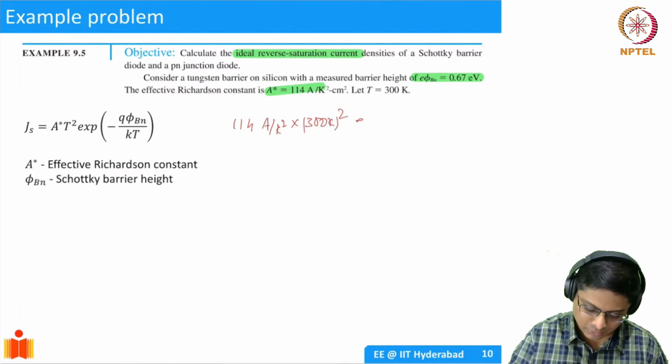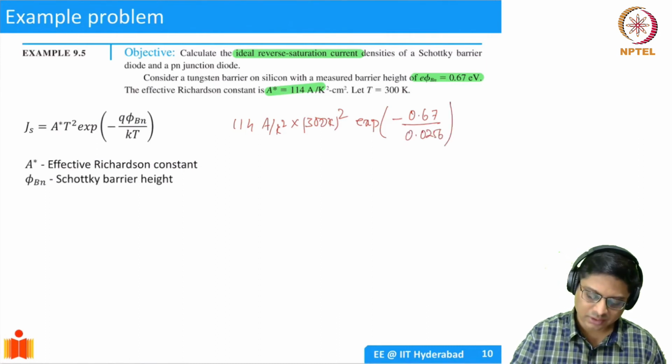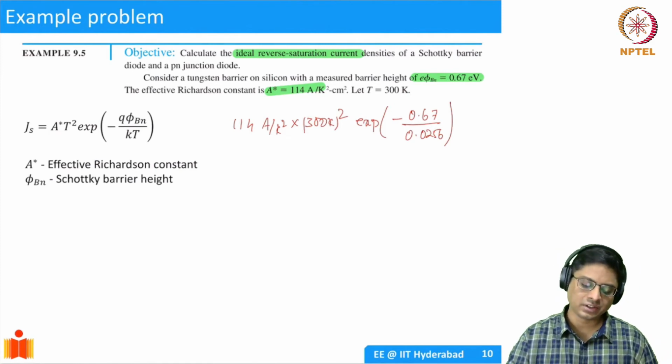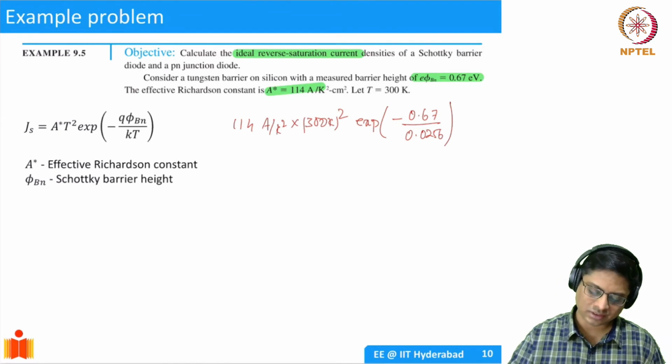Times exponential minus Q times phi_BN, where phi_BN is 0.67, divided by kT, which is 0.0256, right? So 25 and 650. So 4 into 6, 24 and 2 times or 3 times, roughly.